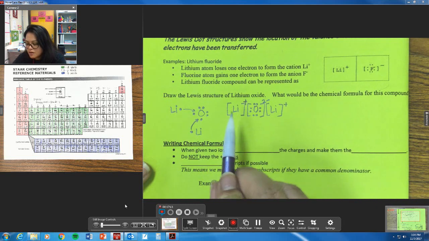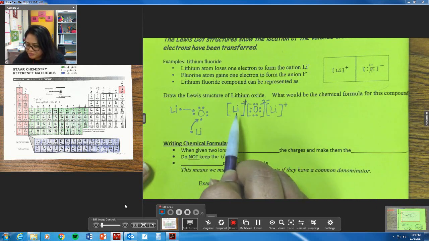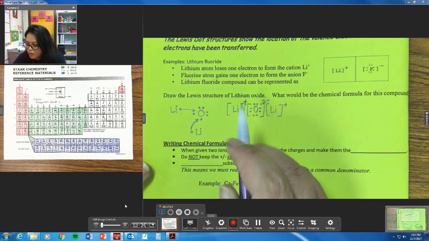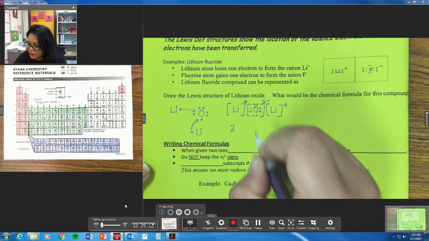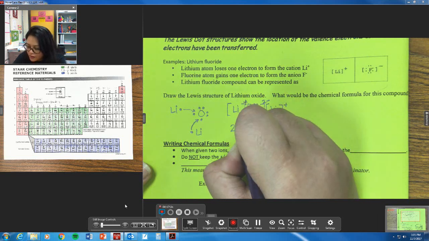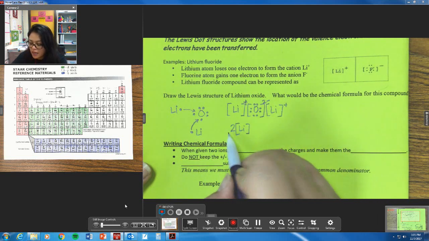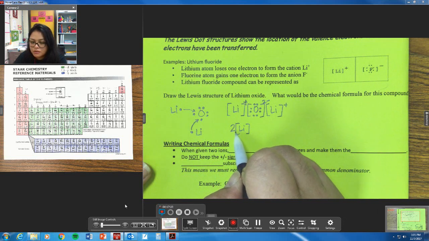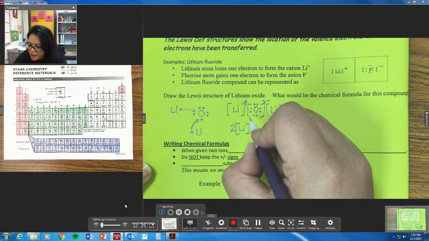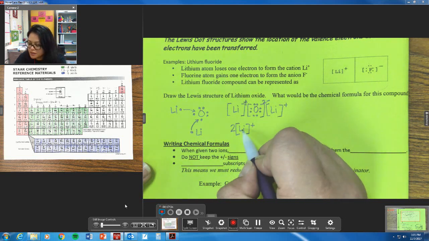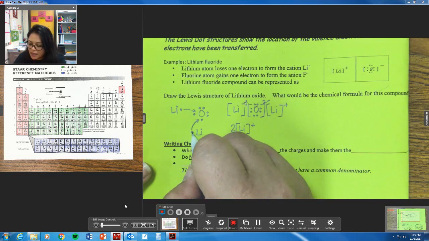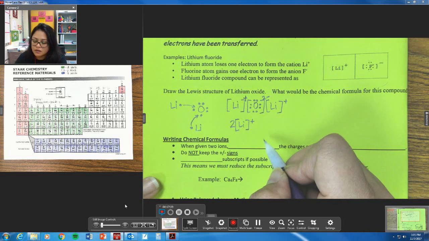So you can always draw your Lewis dot structure this way, or you can do it this way by adding a coefficient in front of lithium to let us know that I actually have 2 lithium ions, and both those ions have a positive charge because both of them lost or gave away an electron.